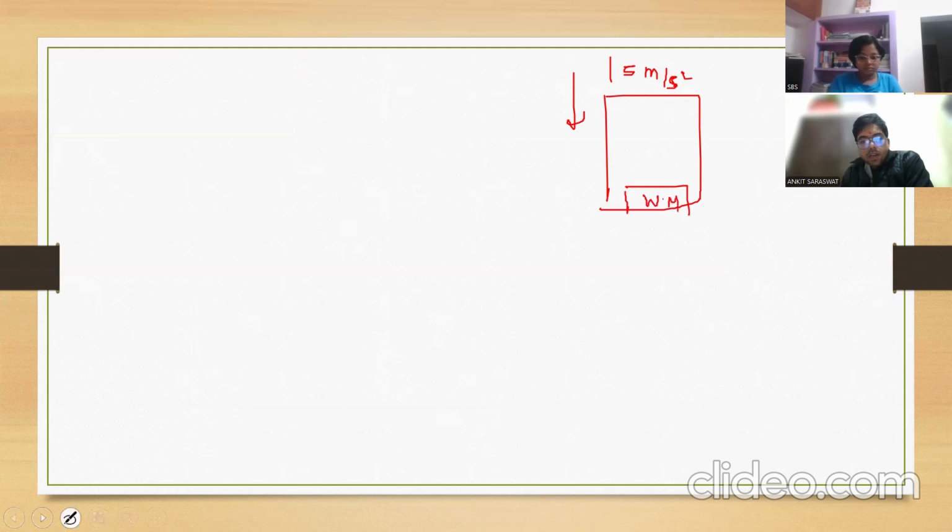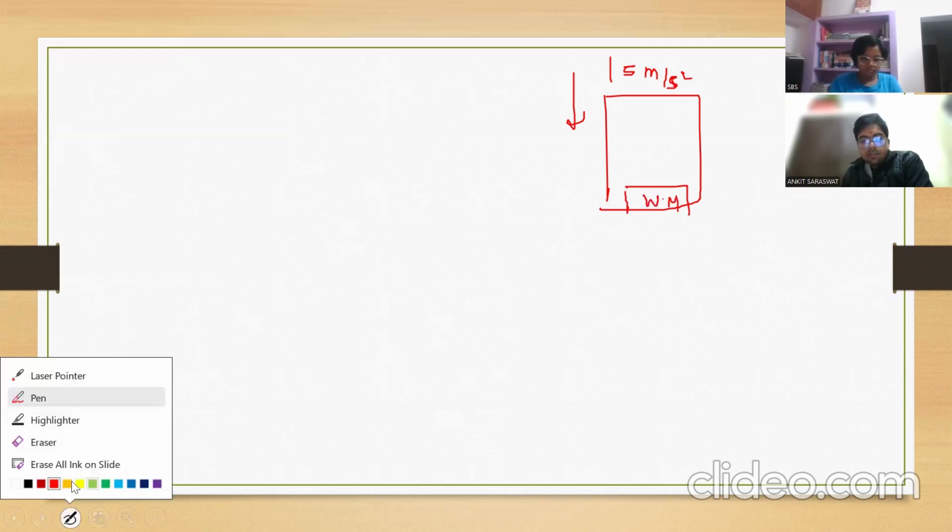Now, same question: if a person is in a lift going down, for example, at 15 meter per second square, and this is a weighing machine, and the person is very heavy.